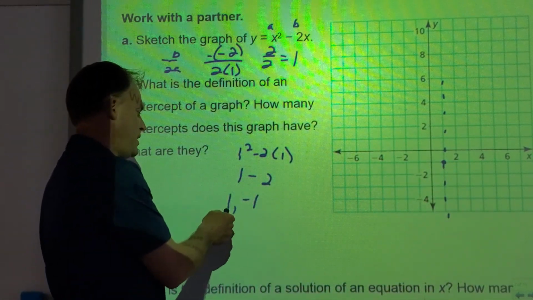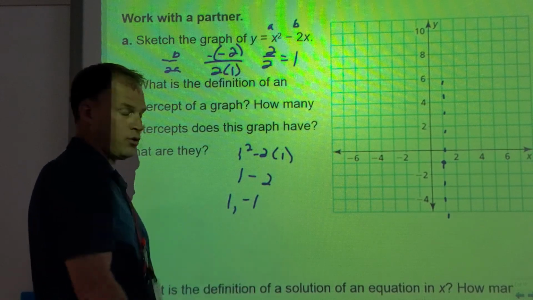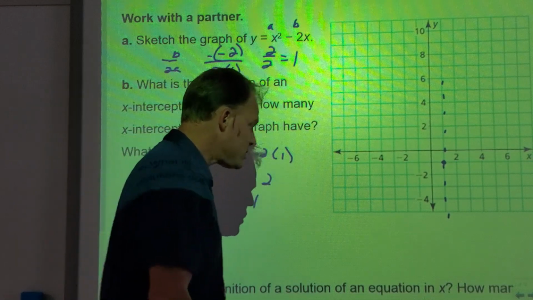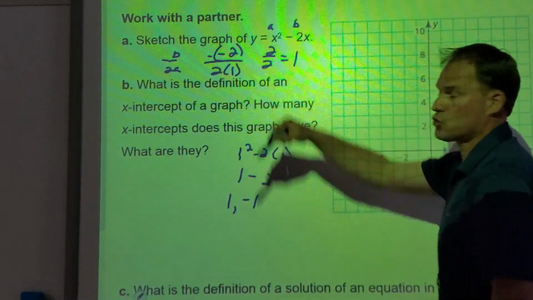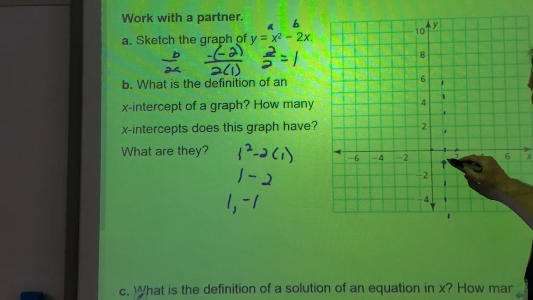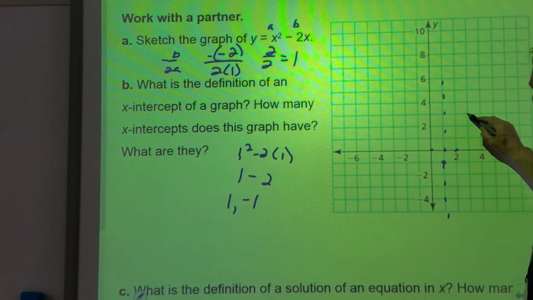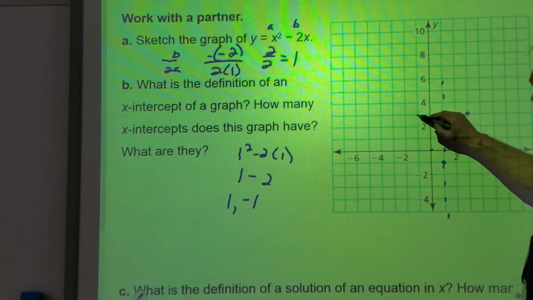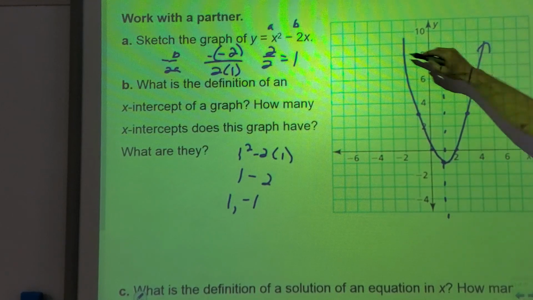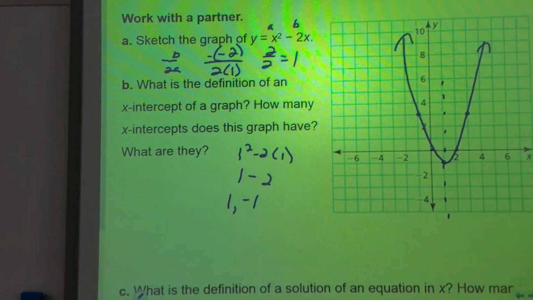The axis of symmetry you plugged in and the answer you got out when you plugged it in. This should all be coming back to you. And then I can just sketch my graph. I know there's no stretch here, so I can use my same relations to sketch the graph.